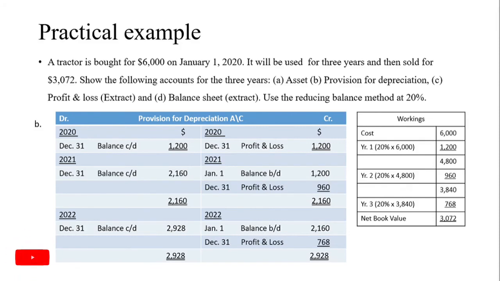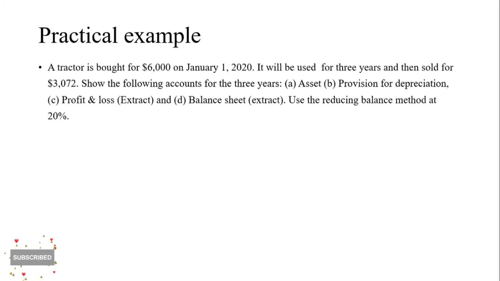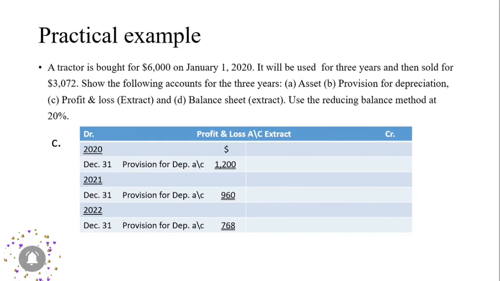Did you say debited? Very good. So the profit and loss account must be debited, because it's an expense. So the profit and loss account is going to be debited with the provision for depreciation account, showing the double entry. So for each year, you have December 31, profit and loss, provision for depreciation account, and you put the amount for depreciation there.